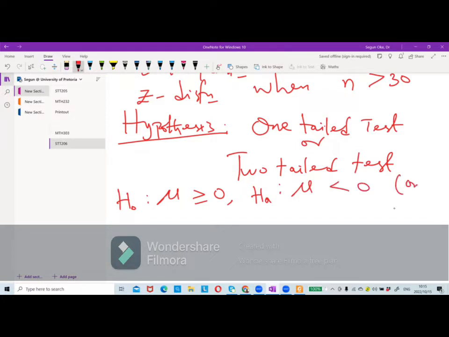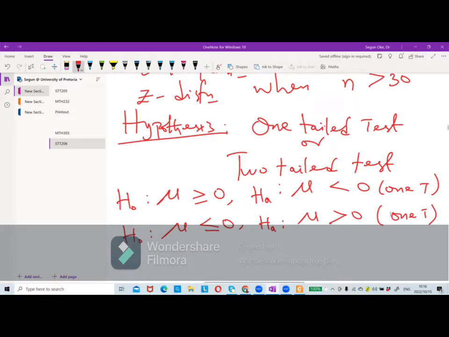This is one-tail. Now, the second one: H naught says mu is less than or equal to 0, and the alternative is mu greater than 0. At this point too, we have a one-tail test.